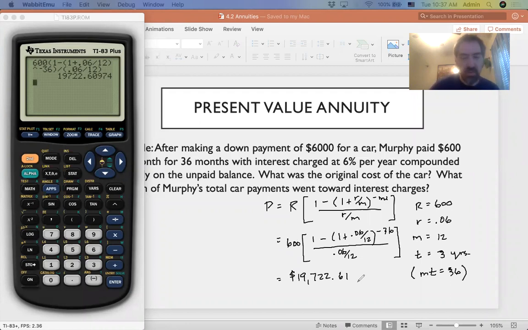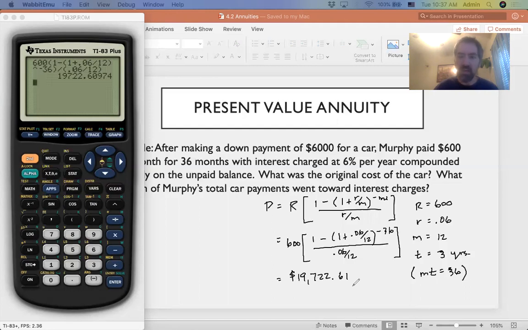$19,722.61. This is how much the loan is worth. This tells us how much Murphy had to borrow, or the cash value of this annuity when he bought the car. He made a down payment of $6,000 for the car, and he borrowed $19,722.61.